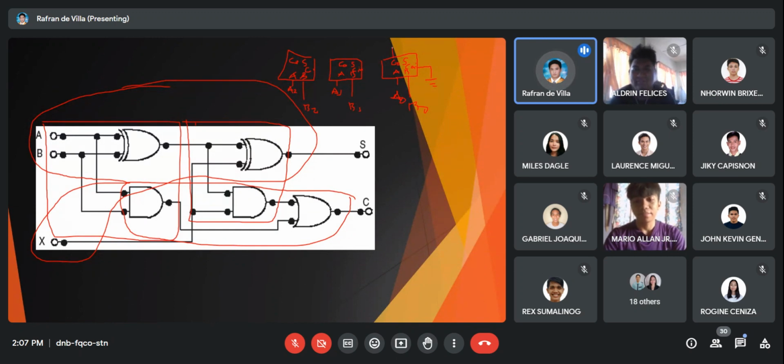Ang carry out ani niya, di ba, sa first number, will serve as an input for the carry in for the next full adder circuit. The same is true for this one. Ang output ani niya will serve as an input for the next significant sum. Okay? So this will be the output S0, S1, S2.